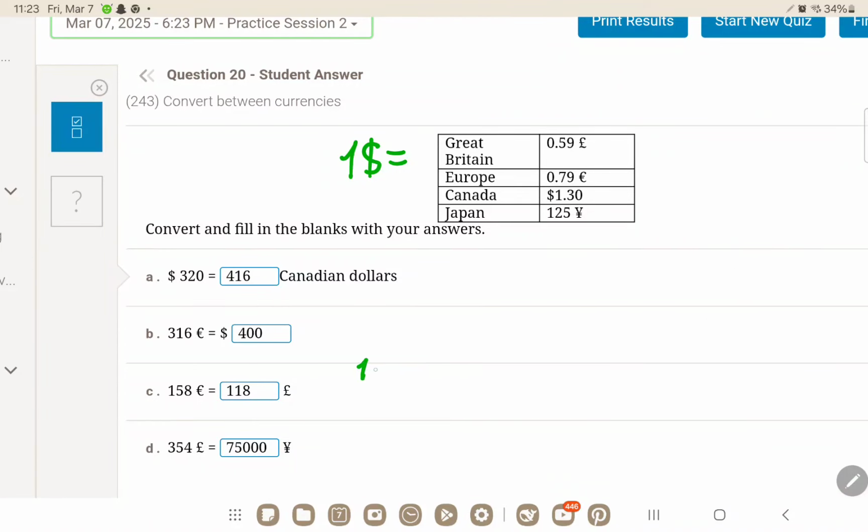Now 158 euros is how many pounds? So first we're gonna do 158 euros is how many dollars, and then we convert that number of dollars to how many pounds. Now let's start. So 158 euros, we know that $1 is 0.79 again.